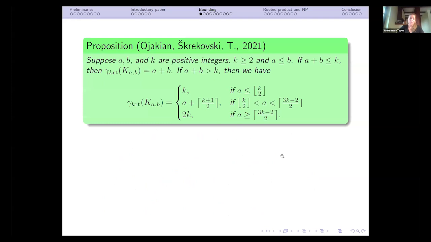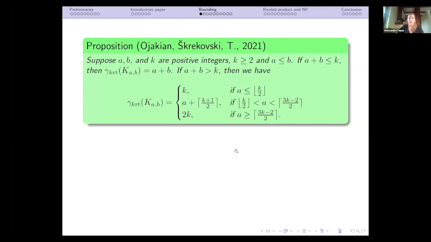Now moving on to the results of the second paper. First, we proved the closed formula for complete bipartite graphs, which was, to our surprise, not as simple as we thought initially. And the motivation for finding this number was, in fact, in proving tightness of the results that follow.